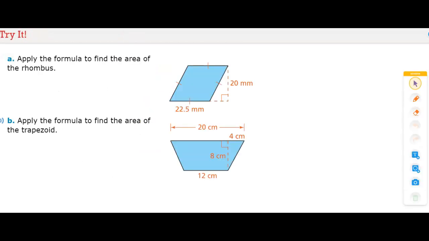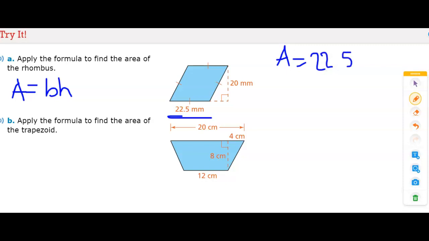Part A. Apply the formula to find the area of the rhombus. The formula is area equals base times height. So let's substitute the variables. For B, our base will be 22 and 5/10. So we have area is equal to 22 and 5/10 times our height, which is 20.